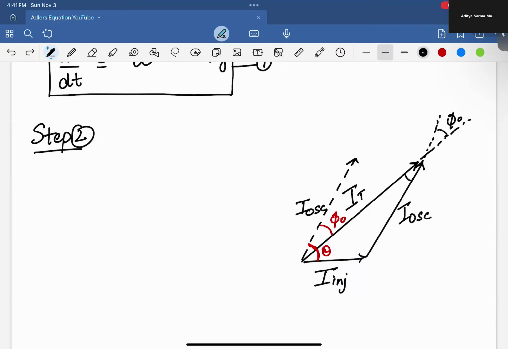So that is phi naught, and then you have this angle theta, right?